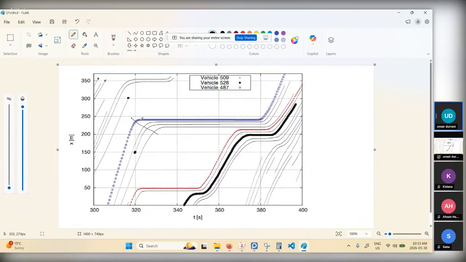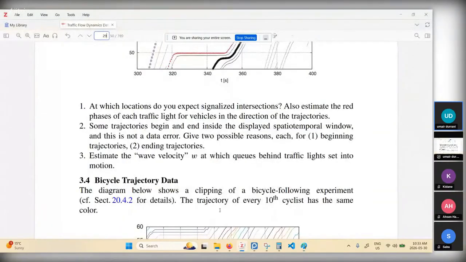So if we have the gradient of this line, that gives us the propagation velocity. So I guess the wave velocity, that term is used when we are discussing traffic lights. Before, when we discussed propagation velocity, it was for highway traffic where we don't have any traffic lights. So let's see their answer.